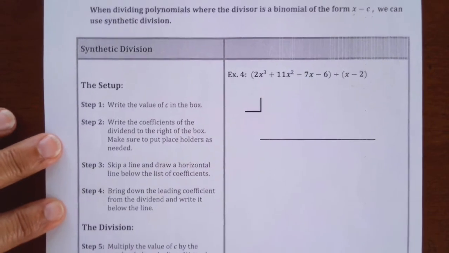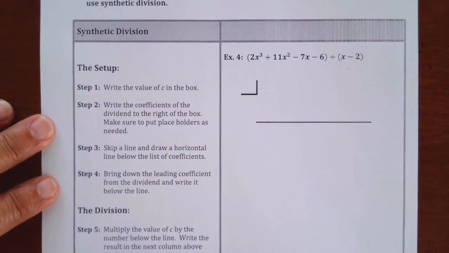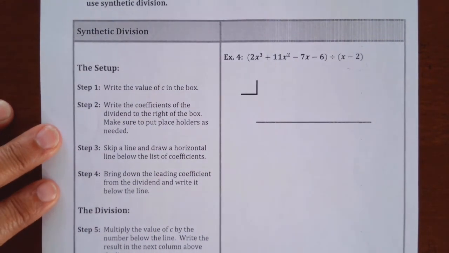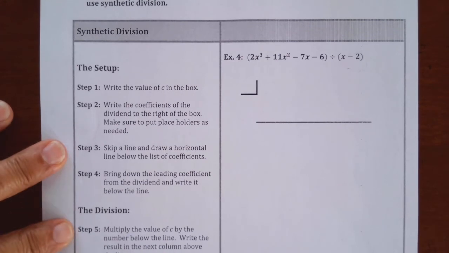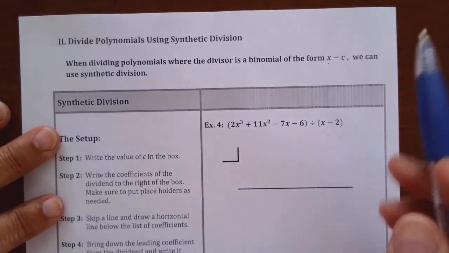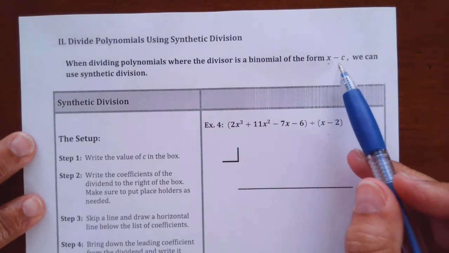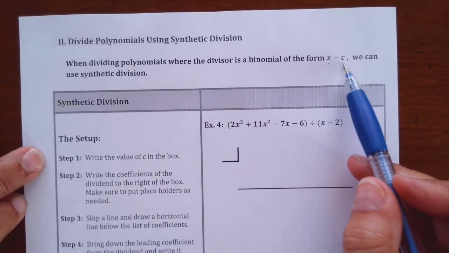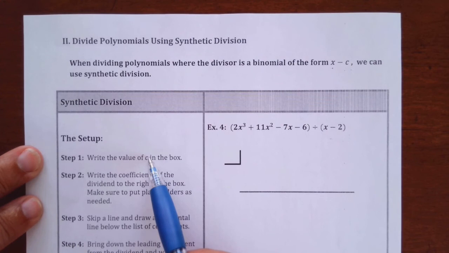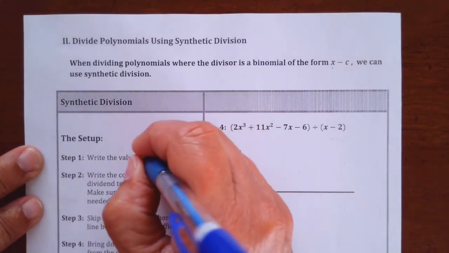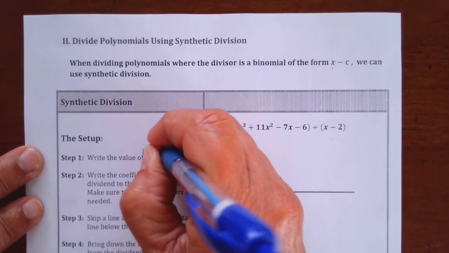So we're going to look at synthetic division, okay, and go through the steps. So these steps on the left are how you set this up and how you work the problem. So there's a setup and then you actually do the work, okay? And again, this has to be your form, x minus c. If it's in that form, then you take the value of c. So I'm going to write that that's the solution, okay?